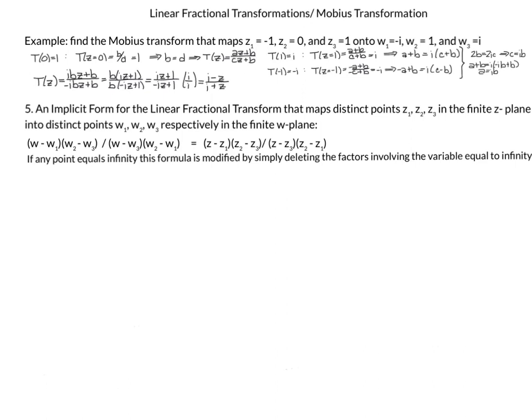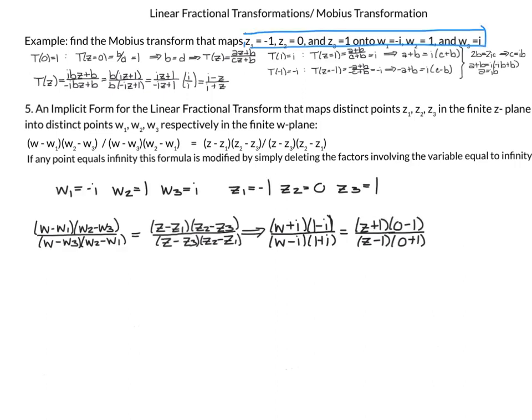In particular, we have this equation here that tells us (w minus w1) times (w2 minus w3) over (w minus w3) times (w2 minus w1) will equal (z minus z1) times (z2 minus z3) over (z minus z3) times (z2 minus z1). And if any point equals infinity in this formula, we modify it by simply deleting the factors involving the variable equal to infinity.